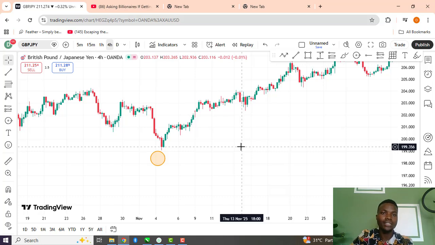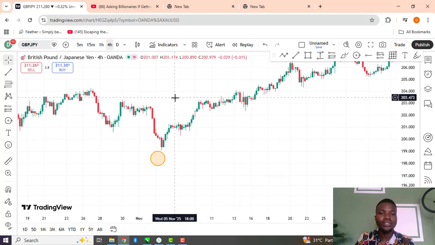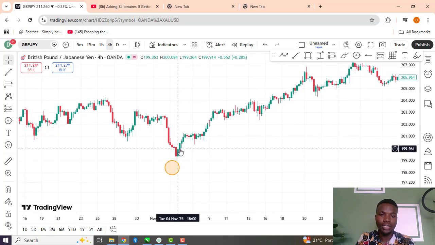You want to ensure that you know how to mark out your break of structure, your supply and demand, your liquidity zone, and your point of interest. So let us start from this level here.